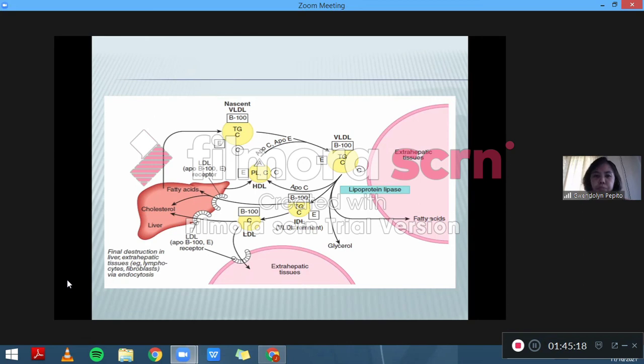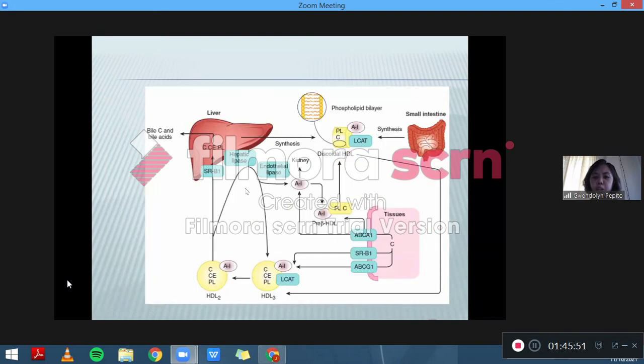You know already that your ApoC and ApoE of VLDL are from your HDL. Also, some of the cholesterol of your VLDL is accepted by your HDL. So this shows the role of your HDL, able to accept cholesterol from the tissues.